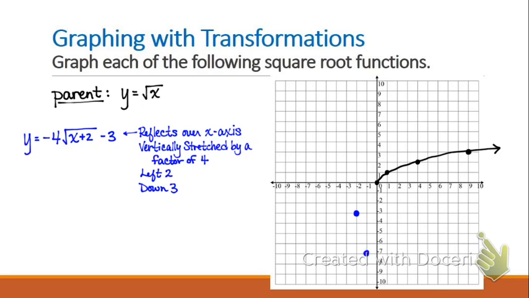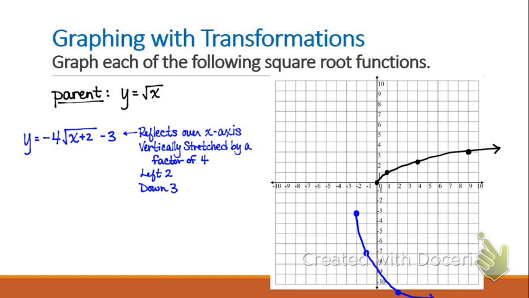So there's my next point. And then I want to move from my vertex 4 units to the right, but now instead of being 2 units away vertically, I'm going to be 8 units away vertically, which actually takes me just off my graph here. So this is going to send it down like this.